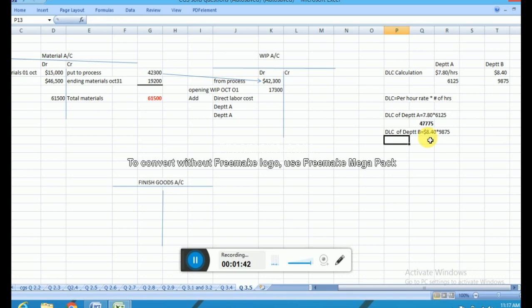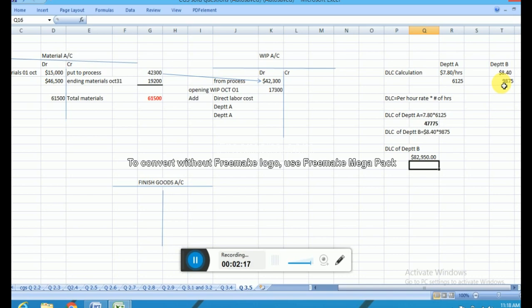So now simply we can find out the direct labor cost of department B, which is equal to this multiplied by 8, that is equal to $82,950.